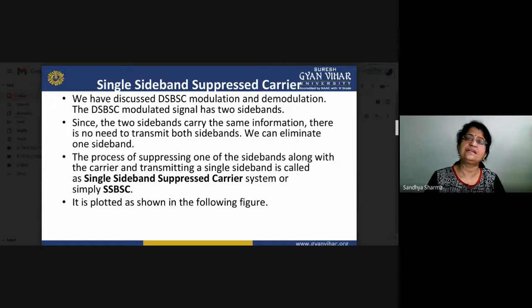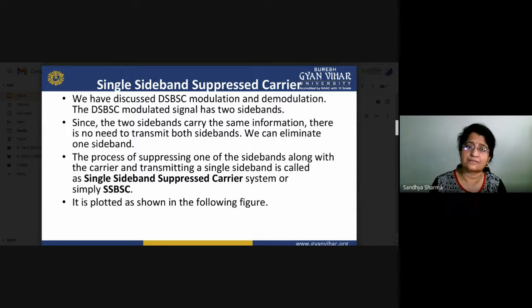As in DSB-SC, double sideband suppressed carrier modulation, we can implement the same in a single sideband suppressed carrier system, because there is a problem: two-thirds of the power is consumed in the carrier signal and only one-third of the power in the sidebands. So the efficiency of the system decreases due to transmission of the carrier with the sideband signals.